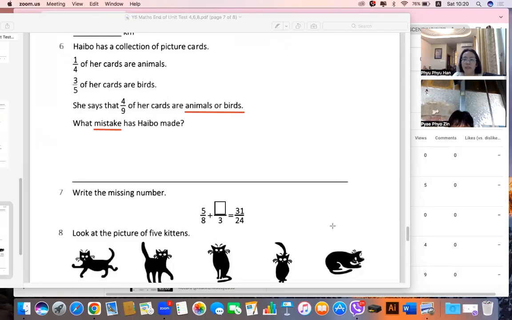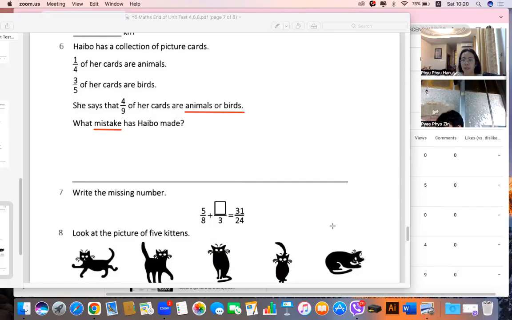Maybe in this case it should be "and". This is just our assumption. Maybe instead of "and" she used "or". So we will assume like this and we will do a calculation.